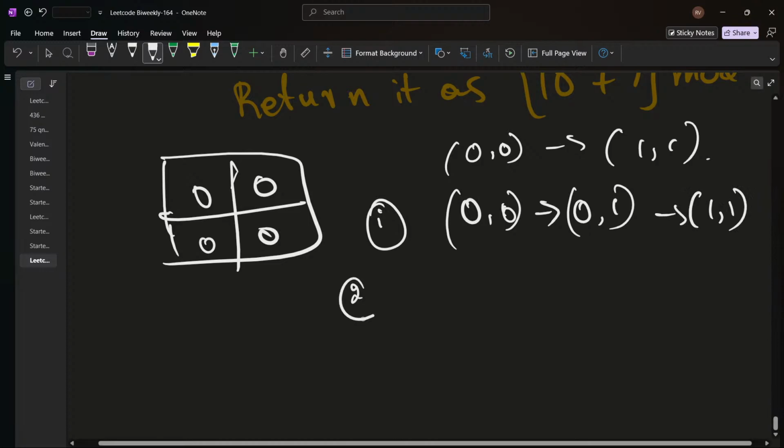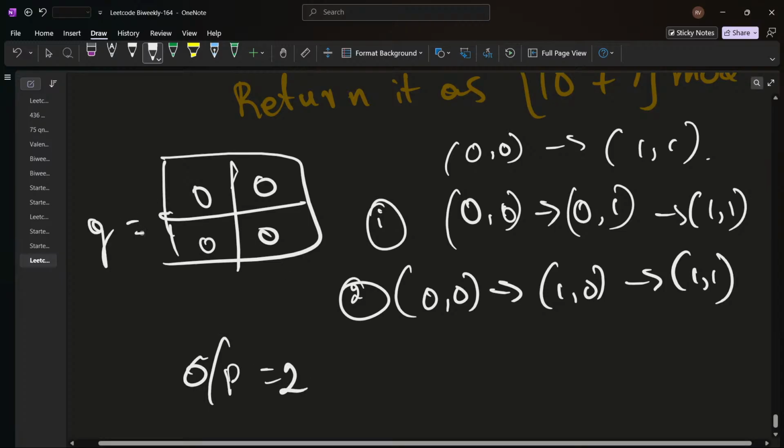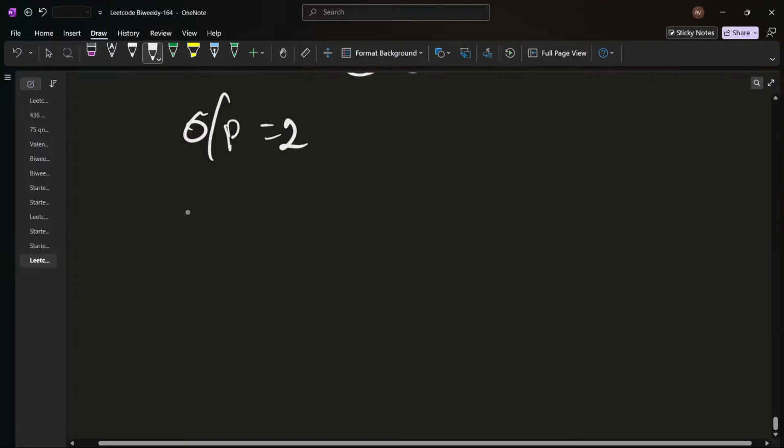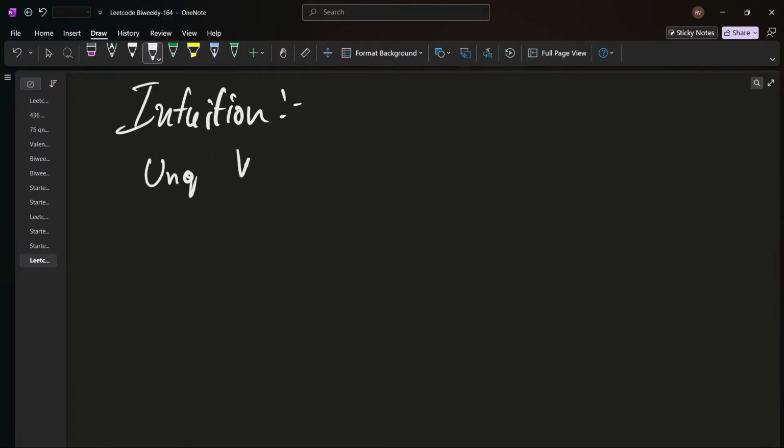And then our second way is (0, 0) to (1, 0) to (1, 1). There's only two ways. So our output is two ways. This is our grid. This is done. Now I'll quickly go to the intuition of this. Very clearly I have explained the question, so I'll be moving very fast. Intuition part. Now we are asked to find unique valid paths.